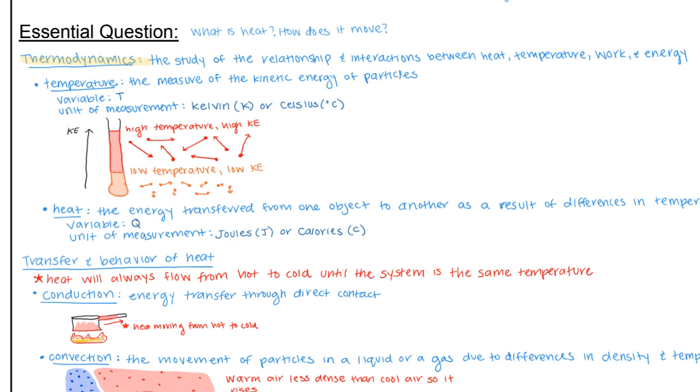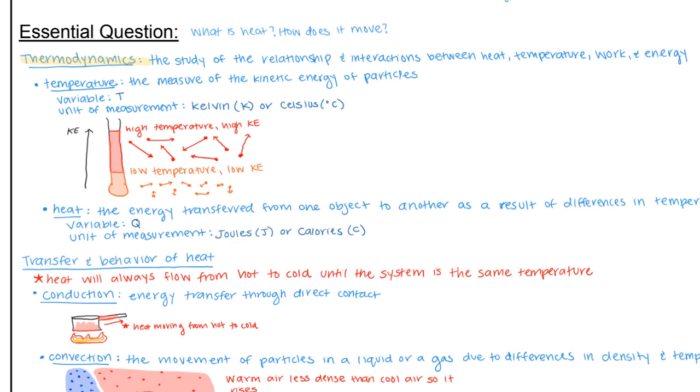When I talk about work and energy, we are thinking about the physics definitions of work and energy that we have learned earlier in the year. So thermodynamics is looking at all of these relationships, and it's very useful to us because it can explain a lot of phenomena that occur in our natural world.